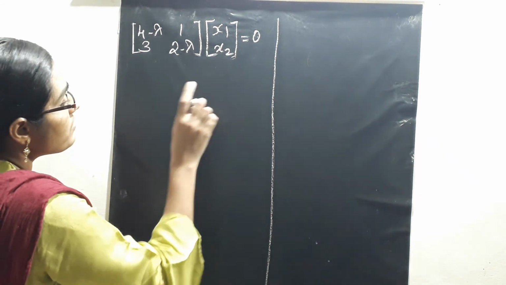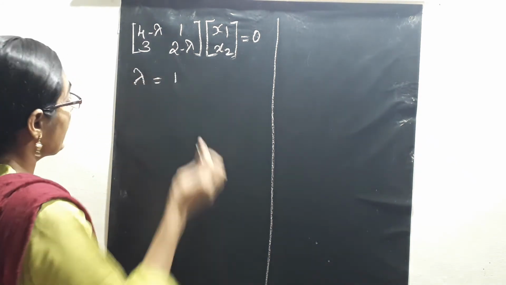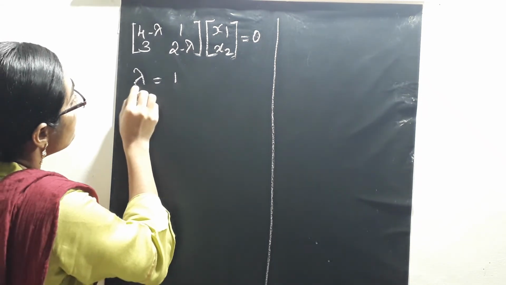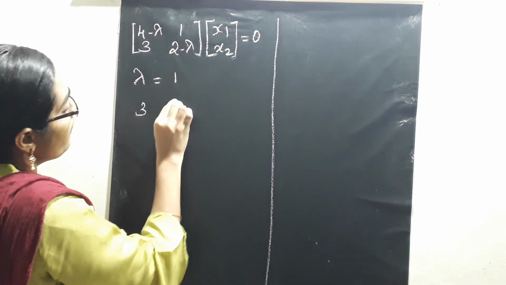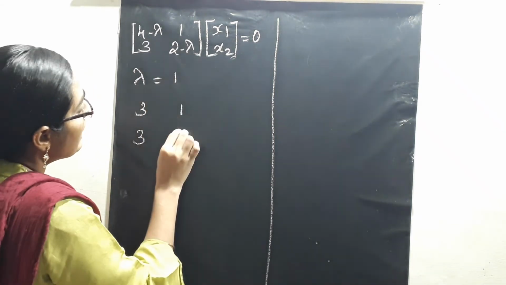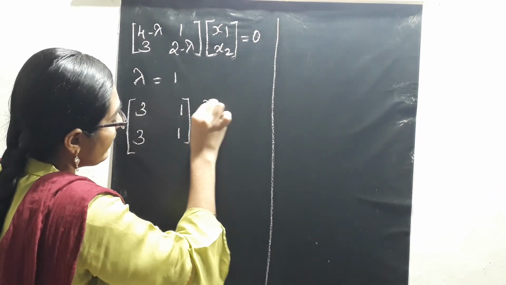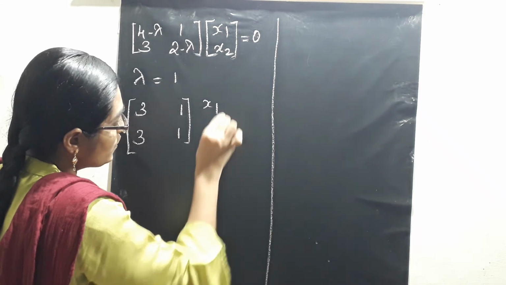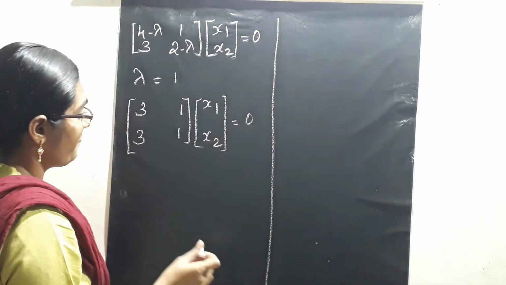So the eigenvalues are 1 and 5, right? So first substitute lambda equal to 1 here. If you substitute, what we will get? 4 minus 1, 3. 1. Here 3. And 2 minus 1 is again 1. Into x1, x2 is equal to 0.